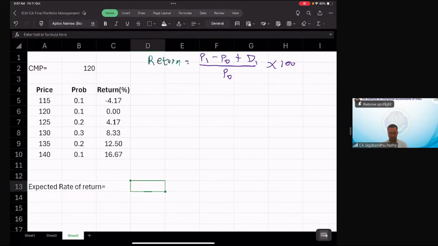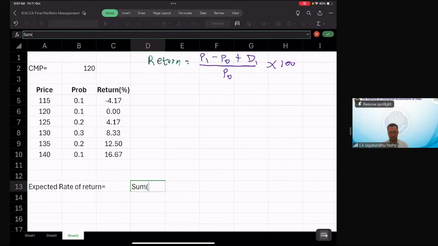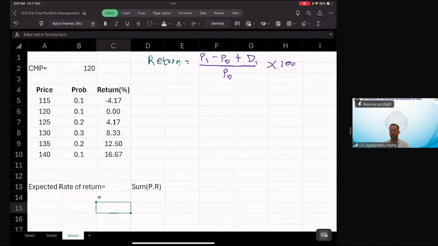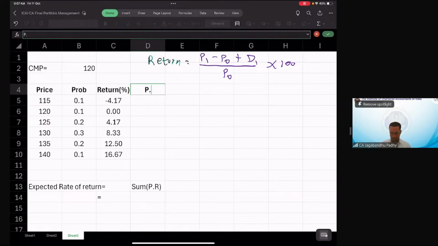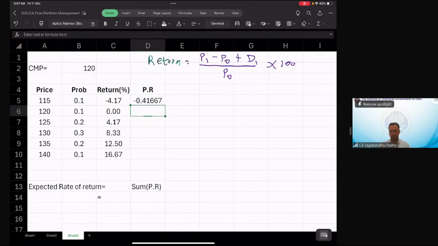Expected rate of return is simply going to be summation of probability into return. So this is simply probability multiplied by return.